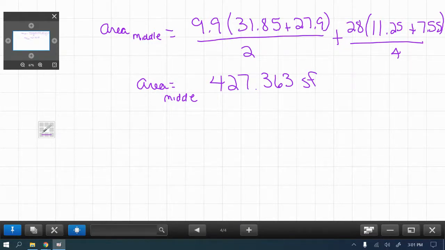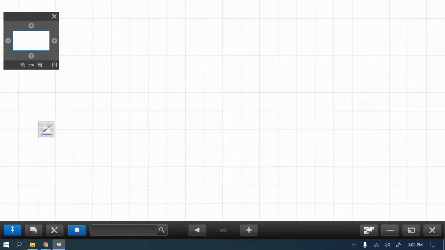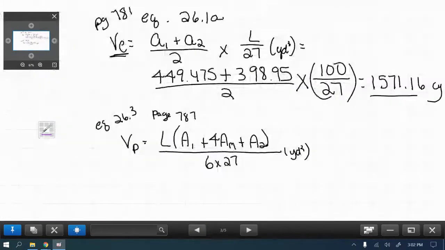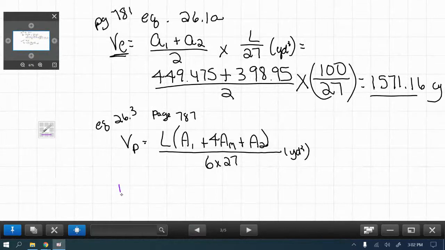Okay, so now I'm going to go back to this formula and sub in. So V sub P equals 100. You want to make sure you do the 100 between, the length is from the outside to the outside.